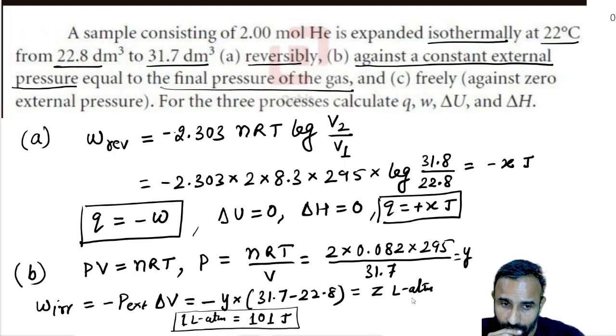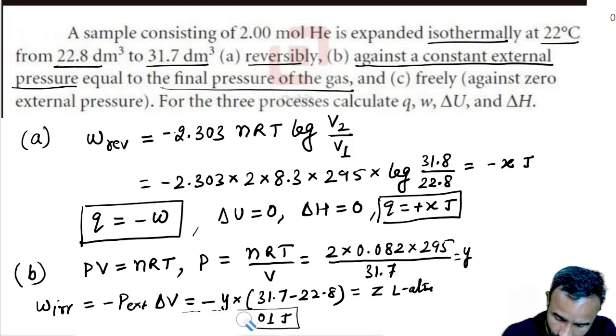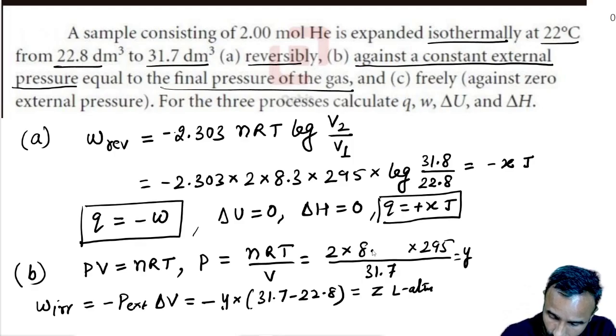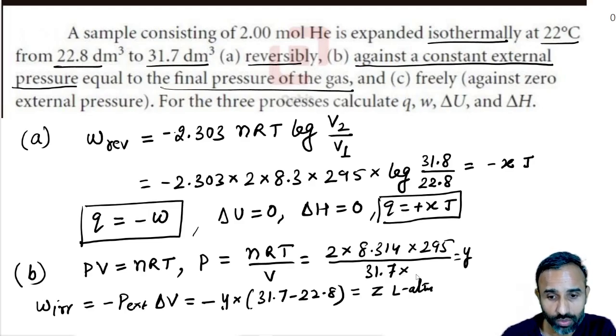But then you have to take volume in meter cube. That you can do. See, if you want to use 8.314, it is the SI unit, so you have to use the SI unit of volume, so it should be 31.7 into 10 raised to power minus 3.